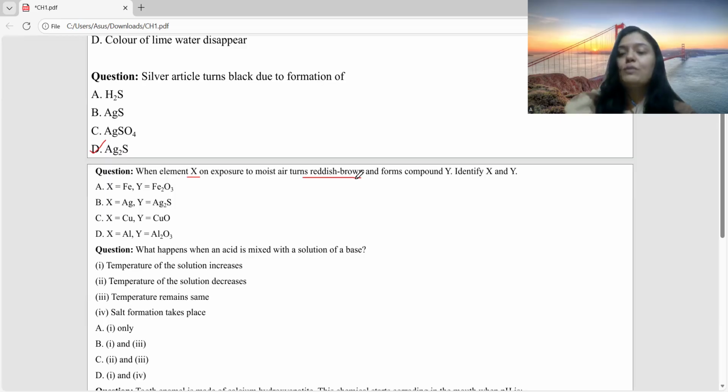Now you have to remember the formula for rust, that is Fe2O3. So your option will be X is iron. This is the only option here with iron. Other than that, there is no iron. So this is the condition for rusting. In rusting, you need oxygen and moisture.